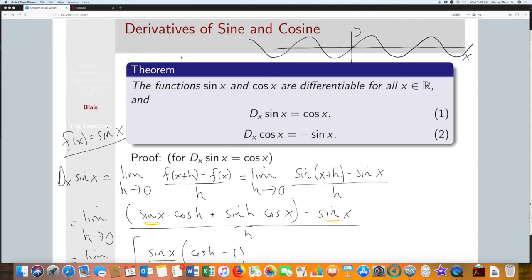So this is one term. And then the other term is this sine of h times cosine of x over h.